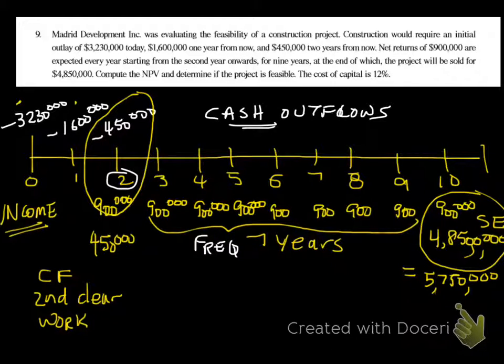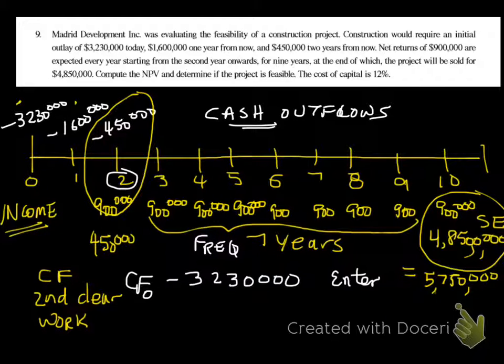CF0 is going to be negative $3,230,000, your initial outflow, and you're going to make sure that you press the enter key and then press the down arrow button.